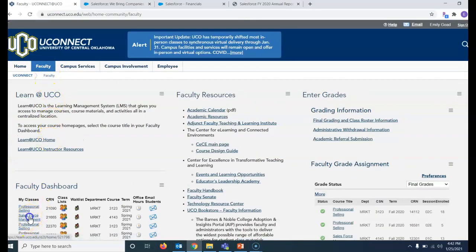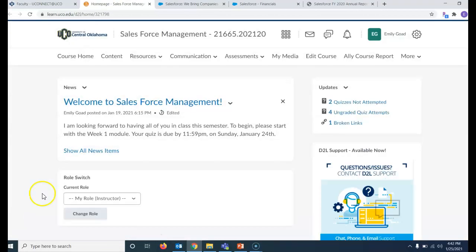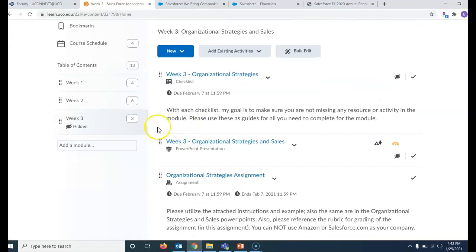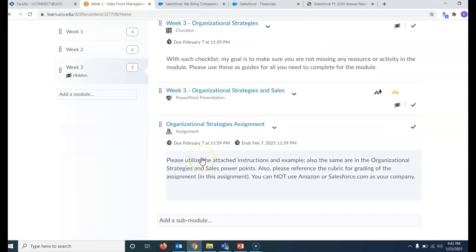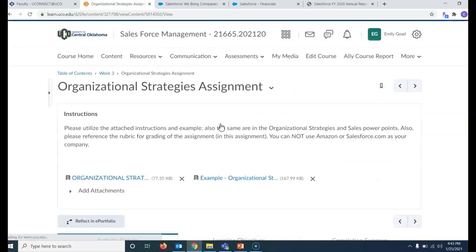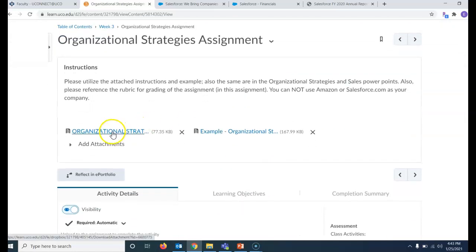Okay, so in this module, which is currently hidden, but you'll have it, if you go into the assignments, you'll see this organizational strategies assignment.